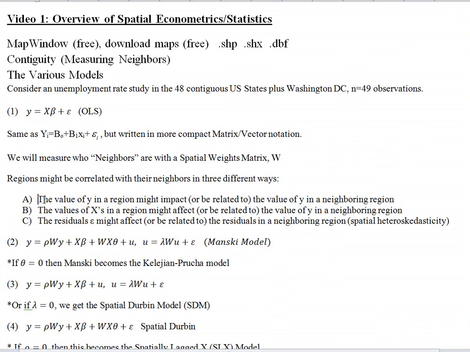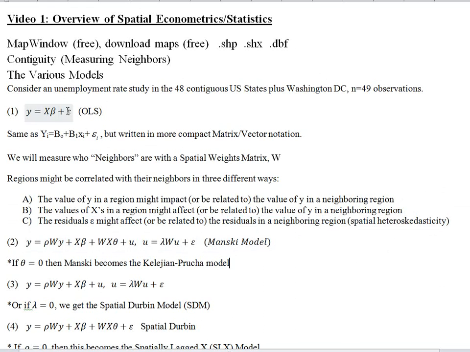So it could be that the Y's in Virginia, the unemployment rate, affects North Carolina's unemployment rate. It could be that the X, the education and income in Virginia, might affect the unemployment in North Carolina. Or third, the residuals in Virginia might affect the residuals, the E's, in North Carolina. And this is an idea of spatial heteroscedasticity, is the way I like to think about it.